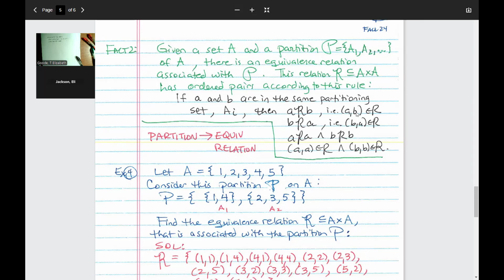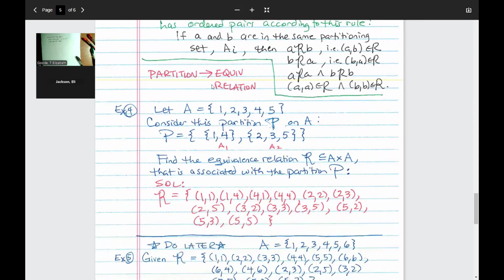Little AB has to be in there, but then BA has got to be in there. But AA has to be in there, and so does BB, right? You've got to have all four of those ordered pairs in there. So this is the game where we start with the partition and we build the equivalence relation.